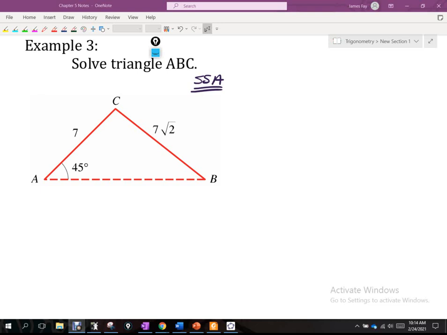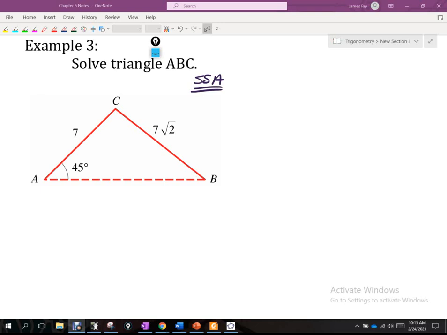Does that make sense? That's the ambiguous case. We don't know, based off the initial conditions, whether we should have 0, 1, or 2 triangles existing from that information. There are other ways of deciphering that, but those preliminary ways are more involved and complex than the technique we're going to use.